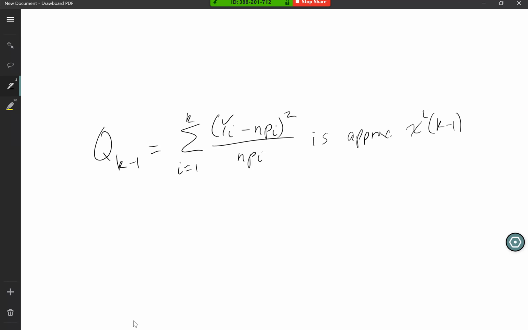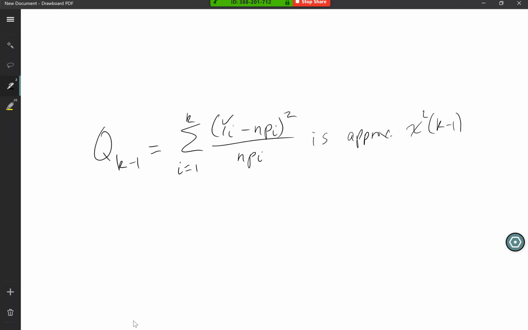So this is how we're going to do the hypothesis test: we use this computation as a sample statistic and compare that value to a value from a chi-square distribution to see whether this is an unlikely number to get.